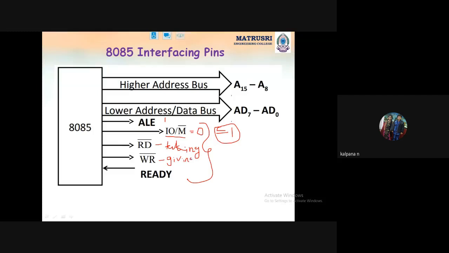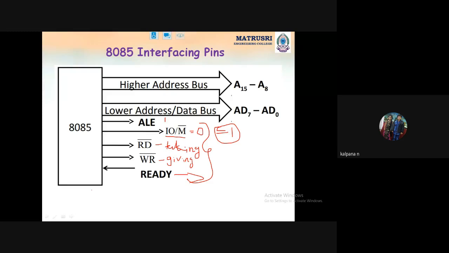Reading means fetching the data. Writing means storing the data. Ready indicates what? Our processor is ready for any operation. So these are the interfacing pins we need to connect before interfacing any device to the processor. Understand?